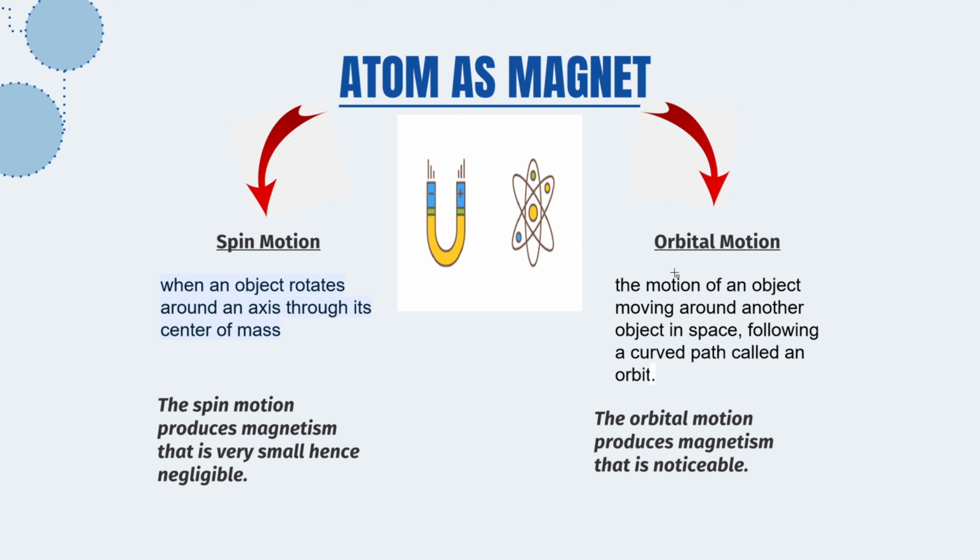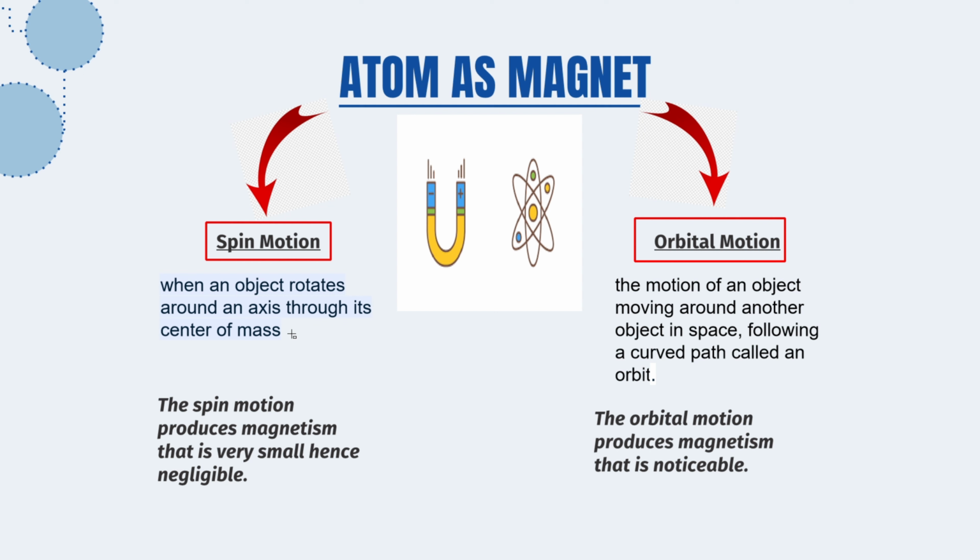Now, discussing the motions of an electron. The first one was spin motion and the second one was orbital motion. Spin motion means when an object rotates around an axis through its center of mass. It means that an atom or a body is moving around its own axis.